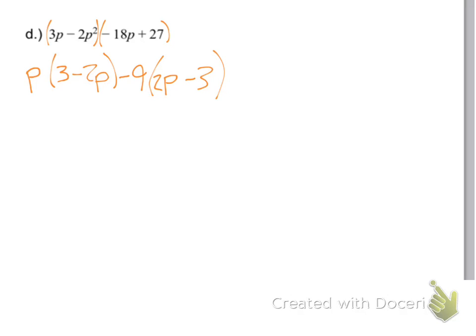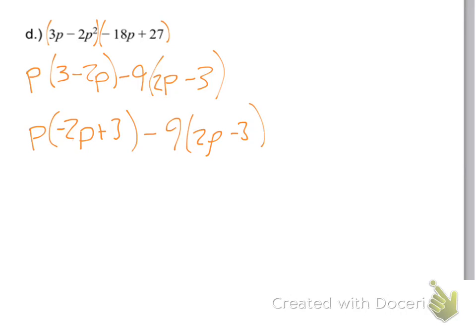Are those the same? Nope. Wait, I could change those up. Let me change those up. That would be p of, let's change the first one, negative 2p plus 3, minus 9, 2p minus 3. Are they the same? Almost. Why would it be a positive 9?